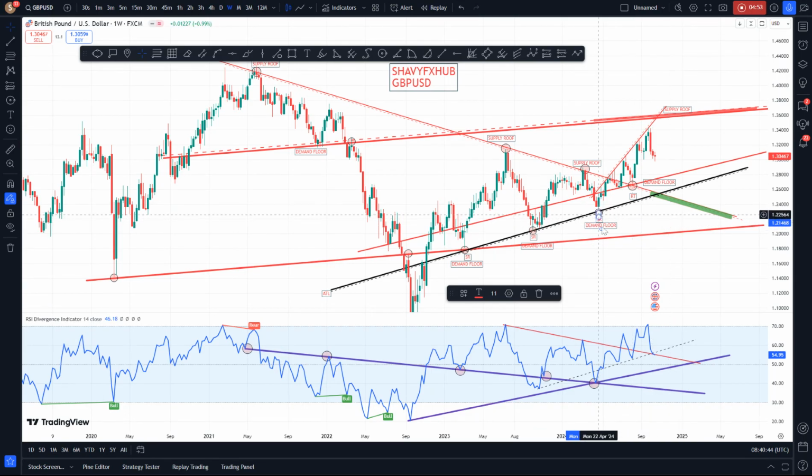So this is the last impulse leg on demand. GBPUSD is on demand, a breaker from a descending structure, supply roof, price returned on retest, made another upswing. Price tapped into the last impulse leg on the demand floor from the ascending trend line after testing three times, one, two, three, and price has left.